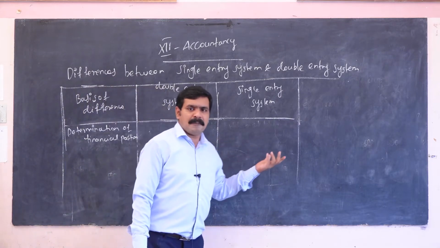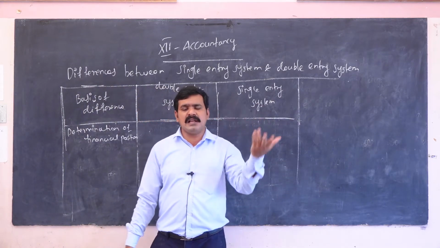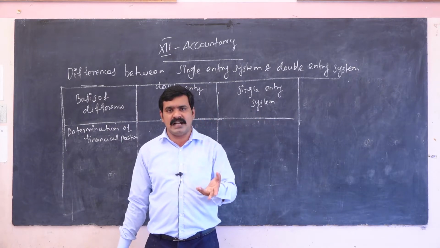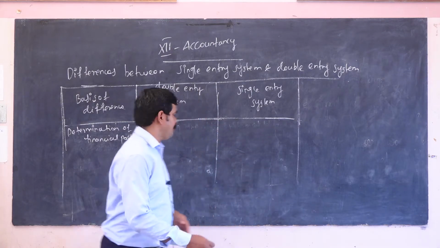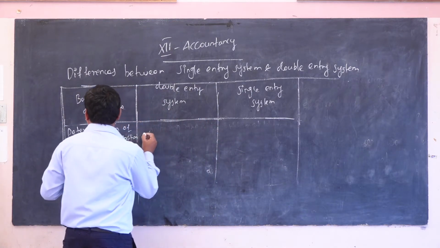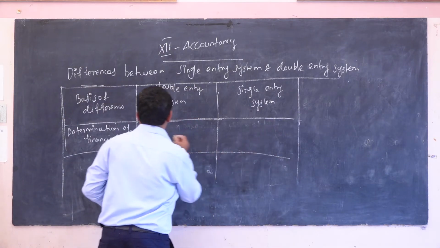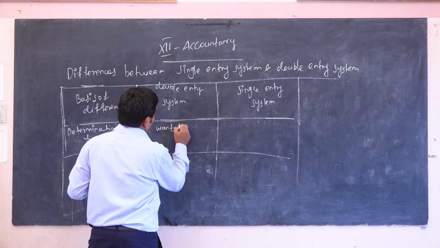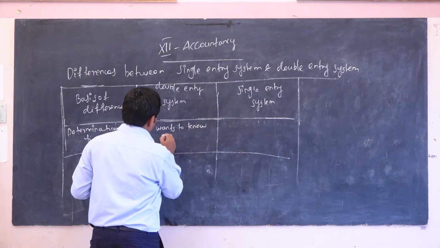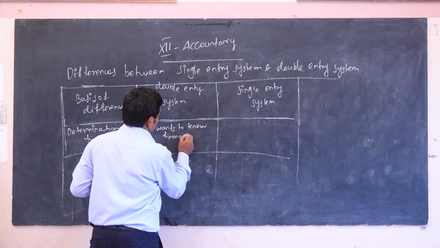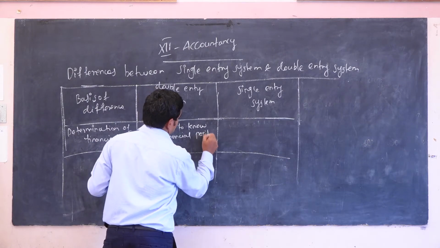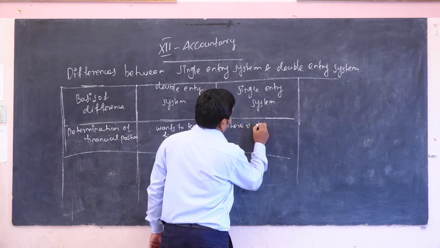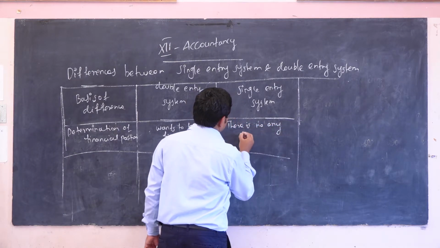Here the proprietor doesn't know about that particular financial position because there are no basic records in the single entry system. There is no preparation, no wanting to know about financial position. There is no basic record.